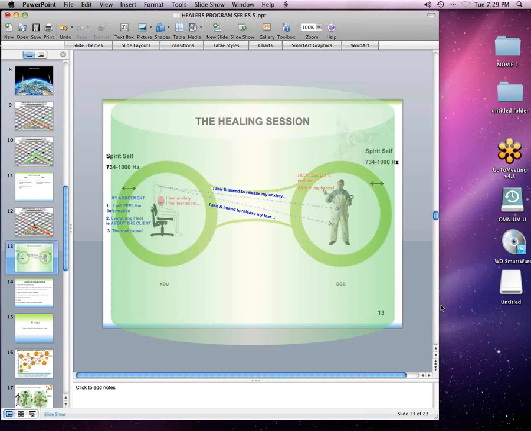I ask and intend to release the belief system that I am small, that I don't count, that I will always be small, no matter what I do.